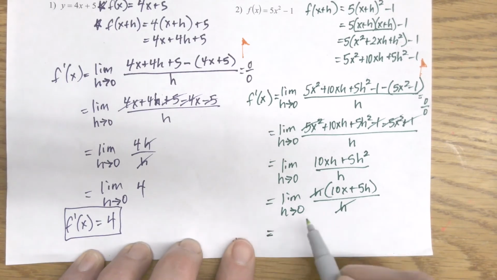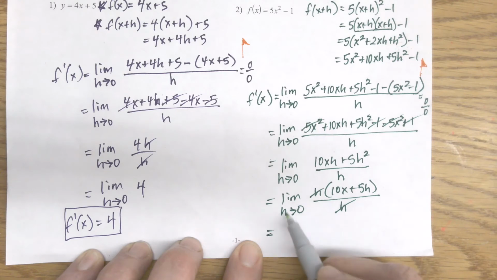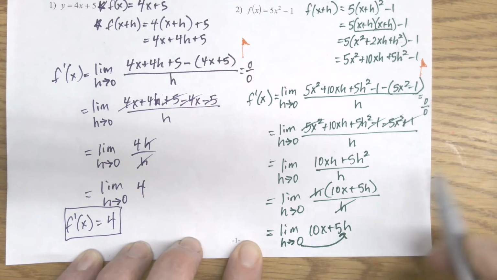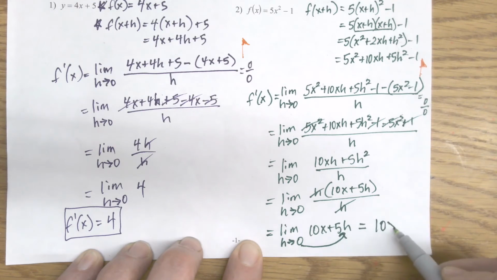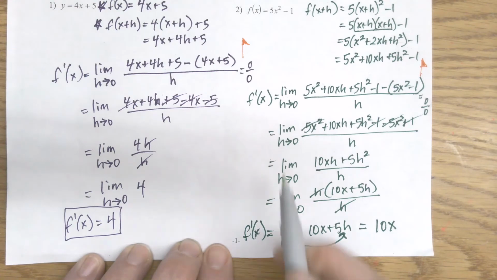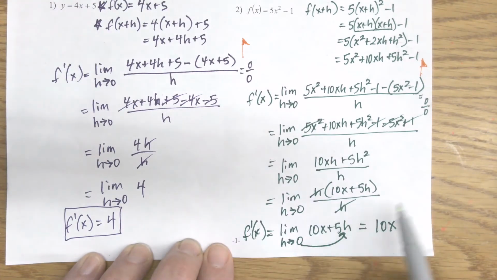And now I can actually take my limit. The limit as h approaches 0 of 10x plus 5h, that just means I plug in 0 for h. It cancels out that term, and that leaves me with 10x. And so my first derivative of this particular function ends up being 10x.